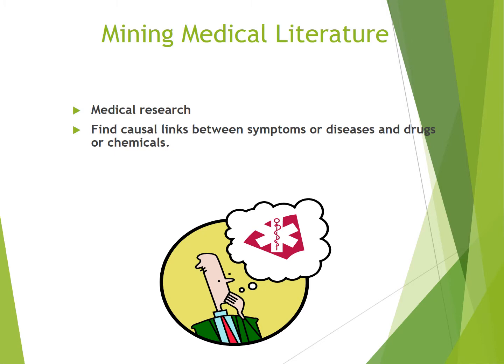So here's one application of text analysis, and it's in medical research. It's not so intuitive to the layperson, but in medical research, one of the goals is to look at causal links between symptoms or diseases and drugs or chemicals.